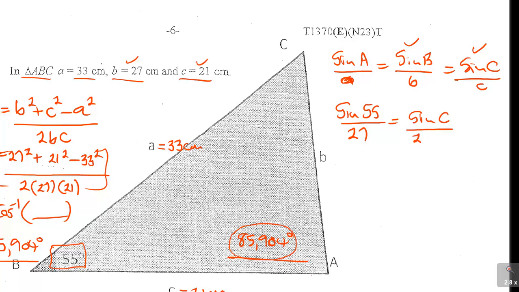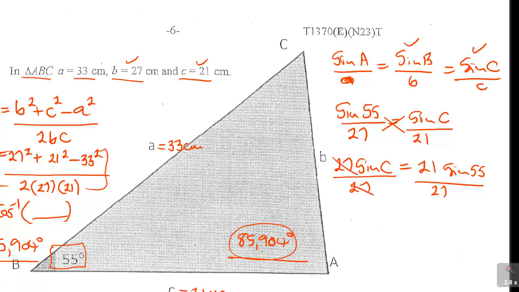Are you seeing that? Then the next thing is to cross multiply, which is 27 sin C is equal to 21 sin 55, then divide by 27 to have sin C.